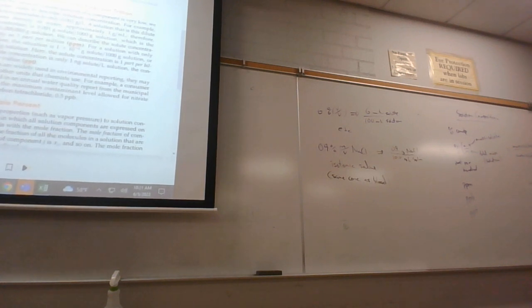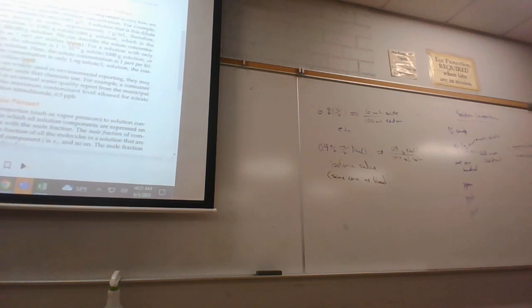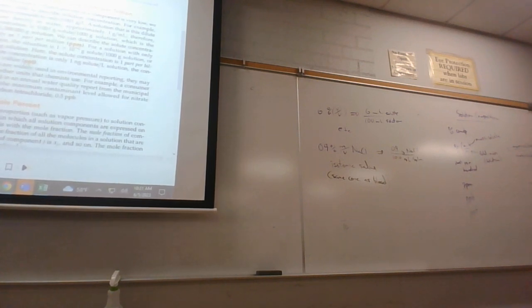Parts per billion is microgram per liter. Or in terms of milliliters, it would be nanogram per milliliter. Depends. Some people prefer per liter, some people prefer per milliliter. And you have to recognize all those as being equivalent. But the part per million is so common that either milligram per liter or microgram per milliliter, same thing.